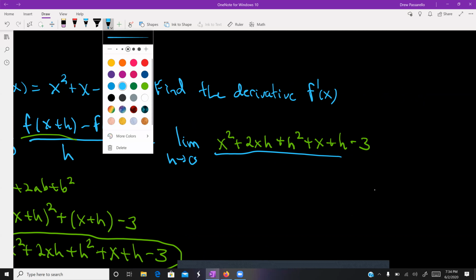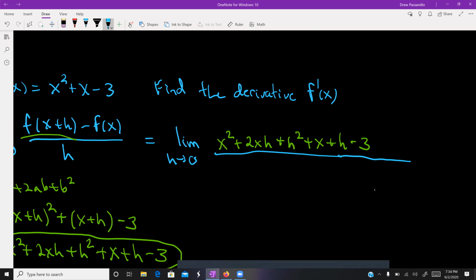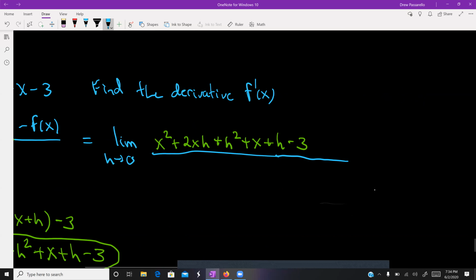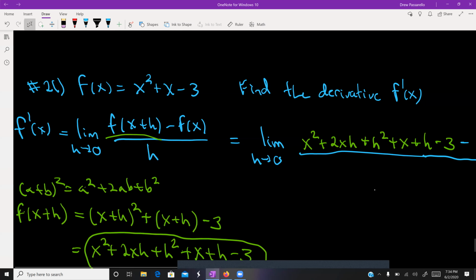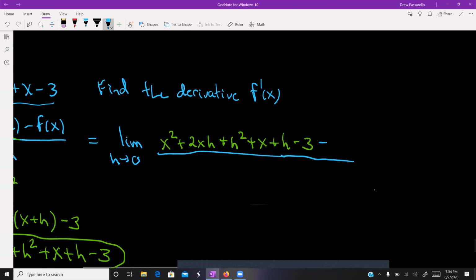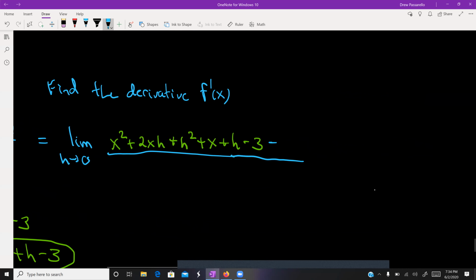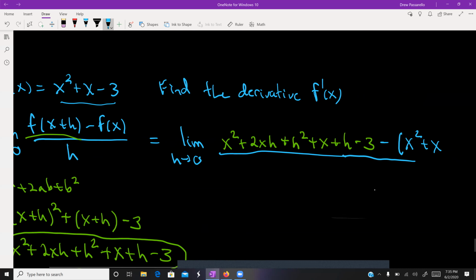So then I still have the rest of it, minus f of x. Here I have a minus sign, so I'm going to put a minus sign, and now I plug in f of x, which is all of this. I'm going to put all that in parentheses, so it'd be minus, and then x squared plus x and then minus 3.